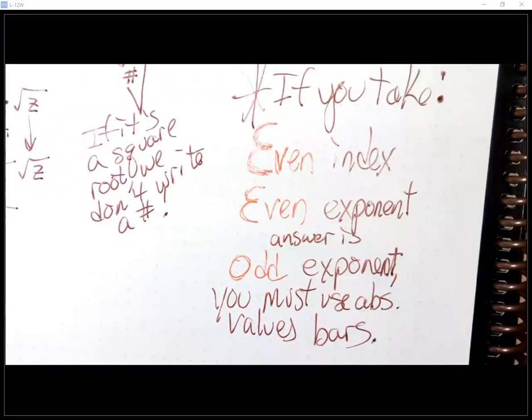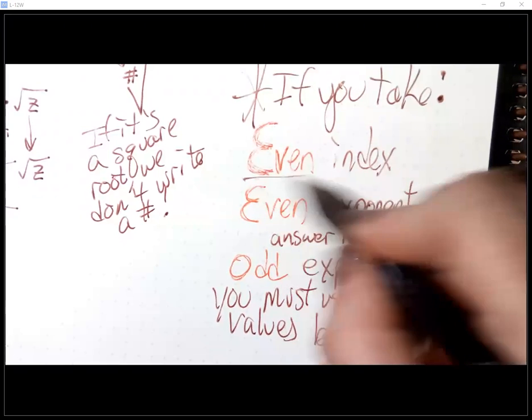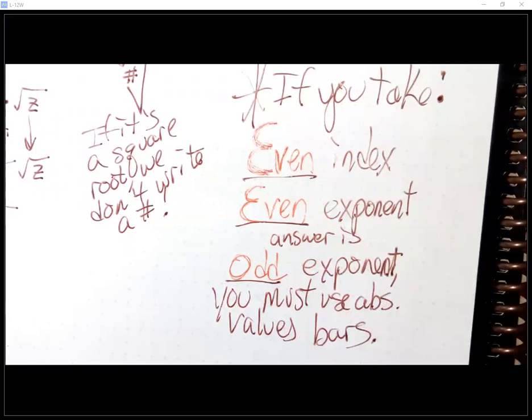So our saying is even, even, odd. Even index, even exponent, and then your answer has an odd exponent. We're going to put absolute value bars around it, and I'll explain to you why in just a second.